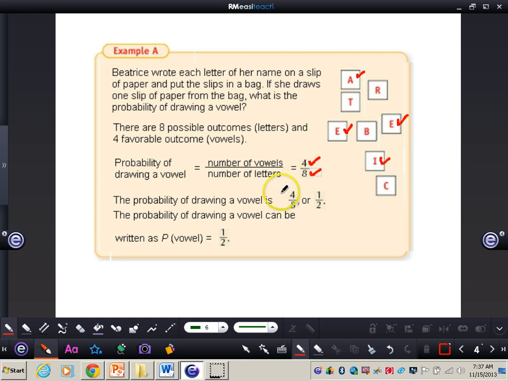So the probability of drawing a vowel is 4 over 8 or 1 over 2. If you want to reduce this to simplest terms, which we really haven't gotten to yet, you can divide both numerator and denominator by a number that goes into both of them. In this case, 4 goes into the numerator and 4 goes into the denominator. So the probability of drawing a vowel would be 1 out of 2 chances here.